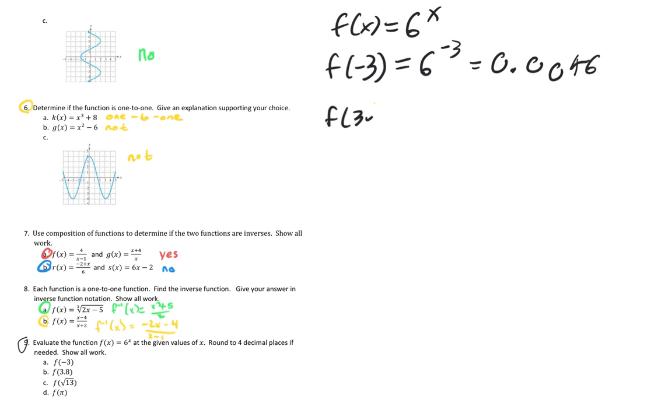F of 3.8. We're going to have 6 to the power of 3.8. Plugging this into the calculator, 6 to the power of 3.8 is going to give us 905.6799. So now we want to do the next one of f of square root 13.